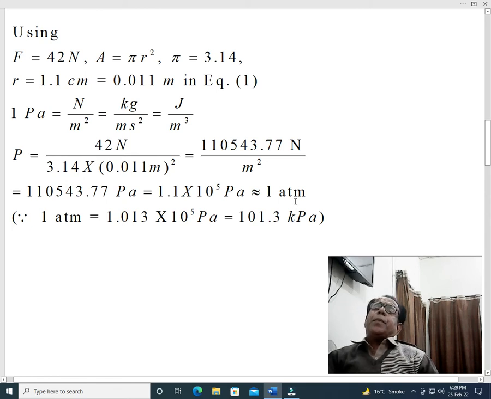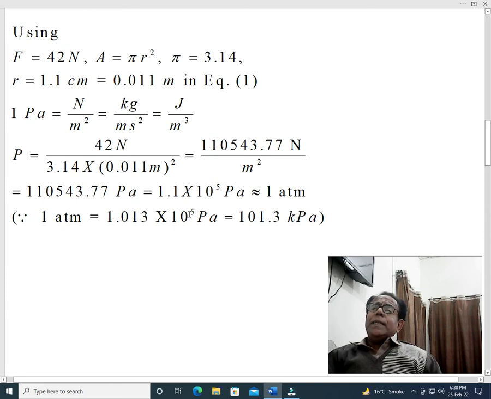Okay, within brackets, because 1 atmosphere is equal to 1.013 into 10 raised to the power 5 Pascal, equal to 101.3 kilopascal. Okay, because here, dear students, kilo means 10 raised to the power 3.